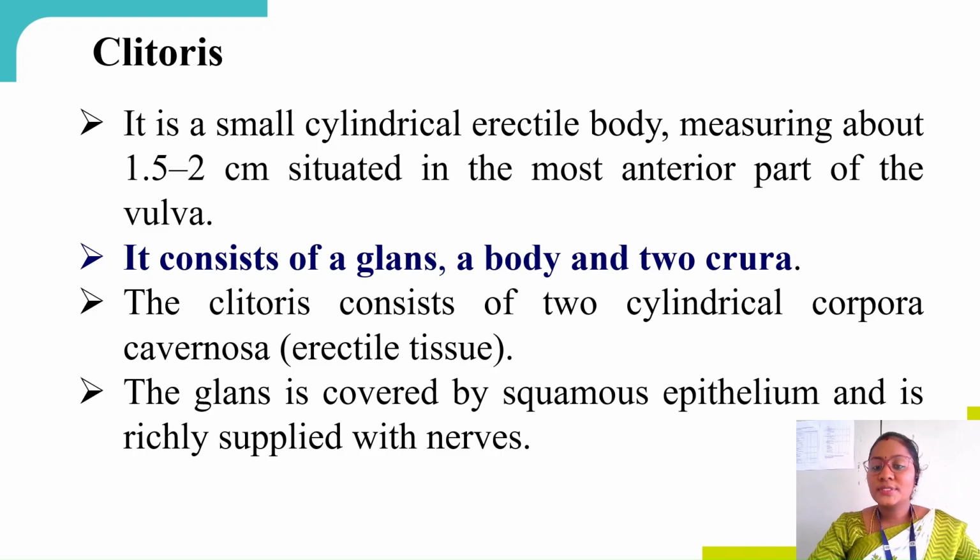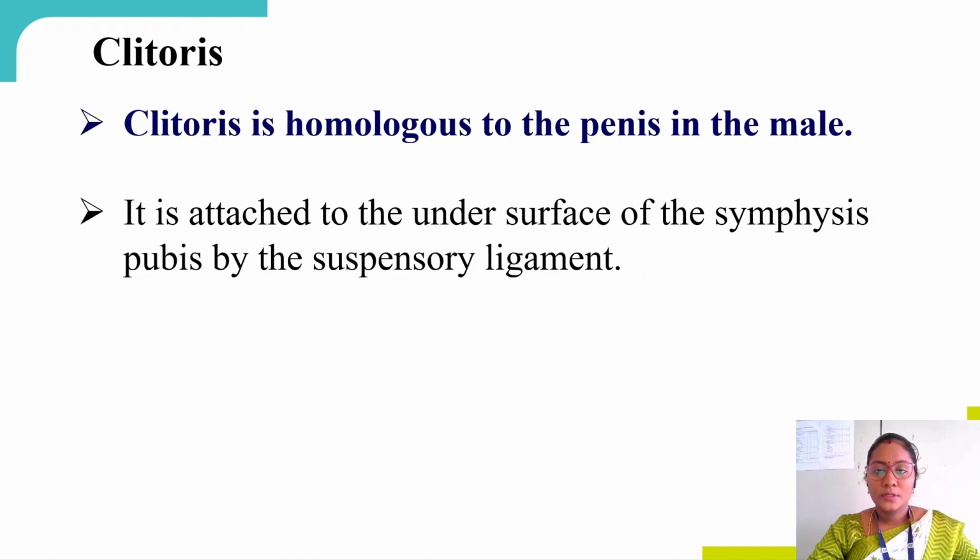The clitoris consists of two cylindrical corpora cavernosa, which are erectile tissue. The glans is covered by squamous epithelium and is richly supplied with nerves. The clitoris is homologous to the penis in the male. It is attached to the undersurface of the symphysis pubis by the suspensory ligament.